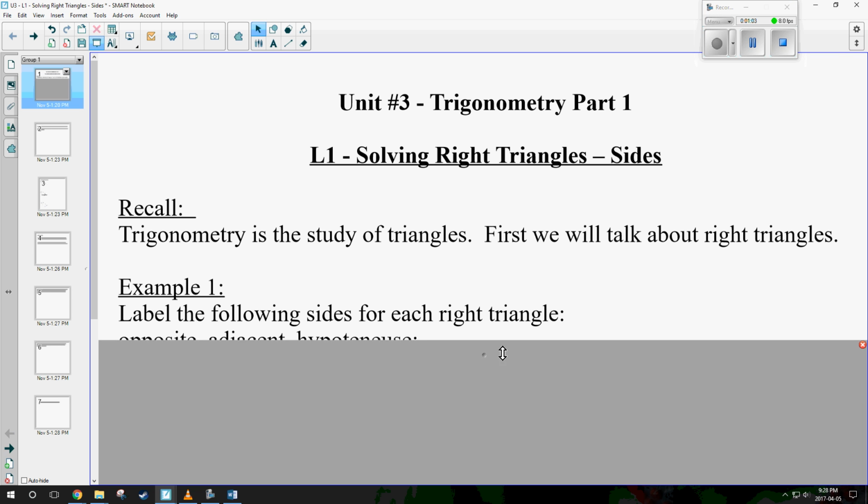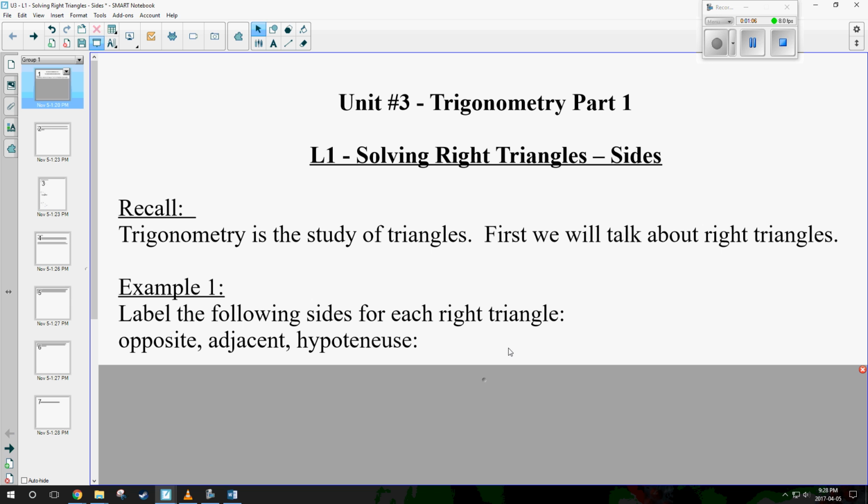So we're going to look at our first example, and our first example here asks us to label the following sides for each right angle triangle. There are 3 different things that we call the sides of the triangle depending on where our angle sits.